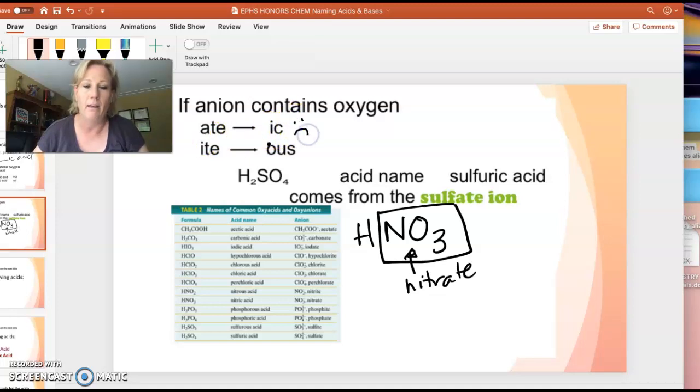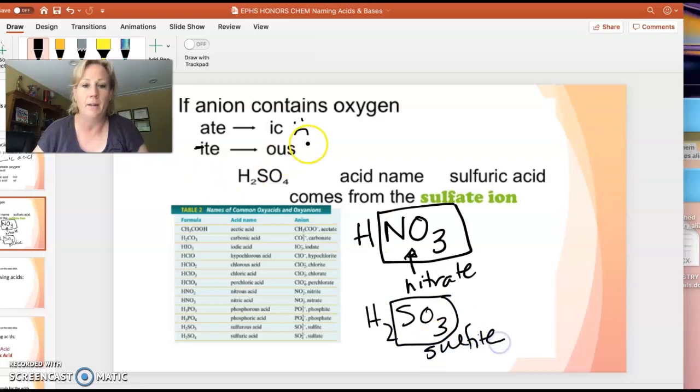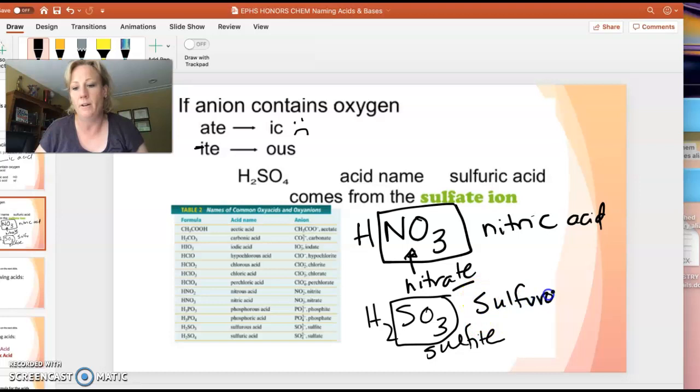And if it was ite, let's say you have sulfite, that's what SO3 is, then it becomes ous, like arthritis. So anyways, based on that, ate becomes ic. So this would be nitric acid, and then sulfite becomes ous. So this would be sulfurous acid.